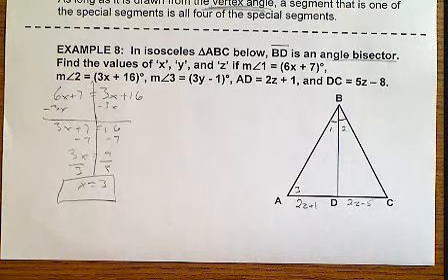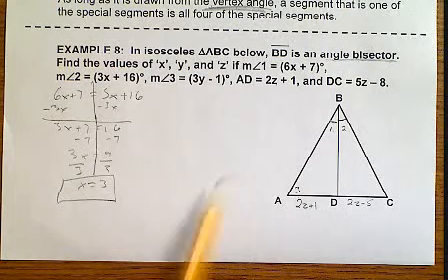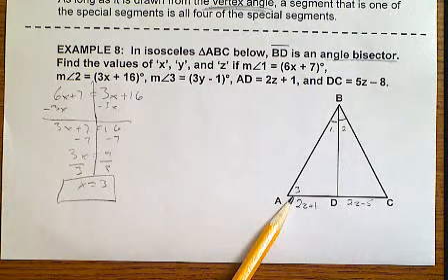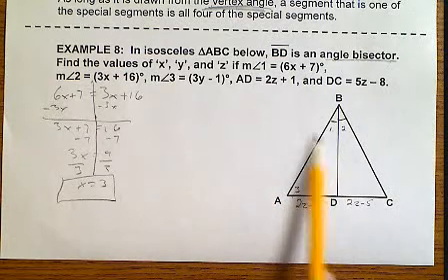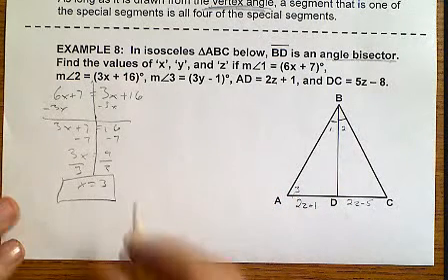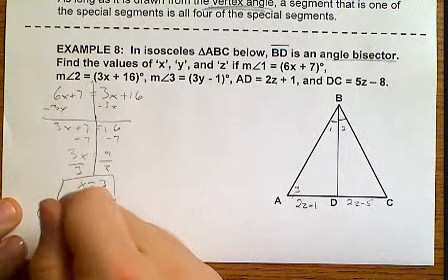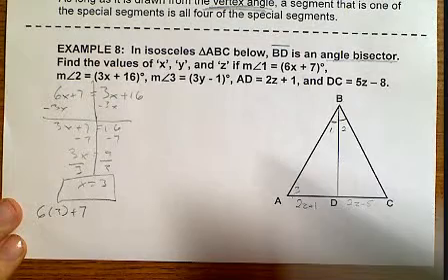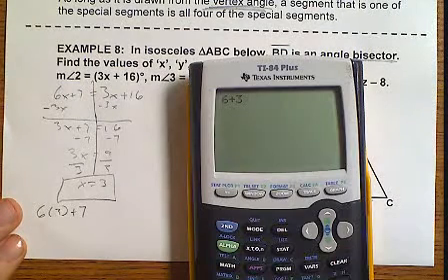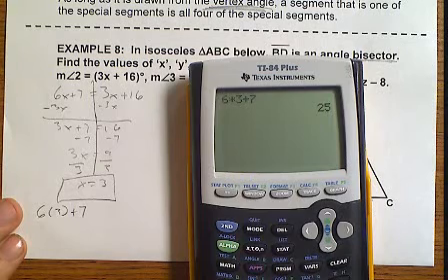Now let's see if we can find out what y is. Well, y is down here. Well, in order to know what's down here, I've got to figure out what these angles are. So let's figure out the vertex angle first. If I do 6 times 3 plus 7, we get 25.